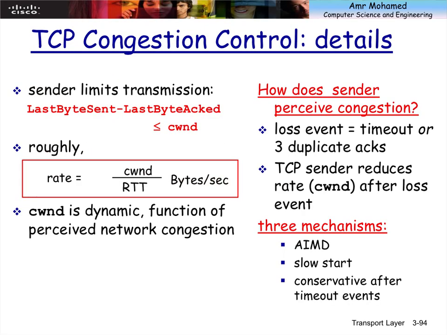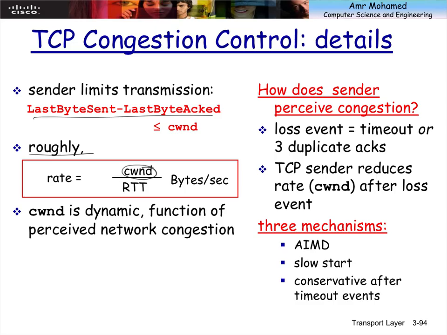So with that, we were able last time to calculate the rough rate for the source. When the source tries to send using a specific congestion window, that is the number of bytes that the source can send without having to wait for an acknowledgement to come.